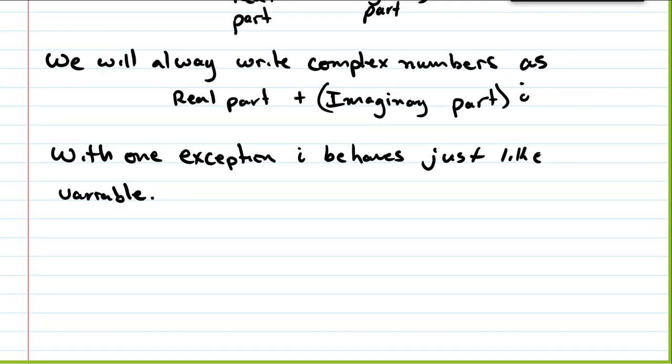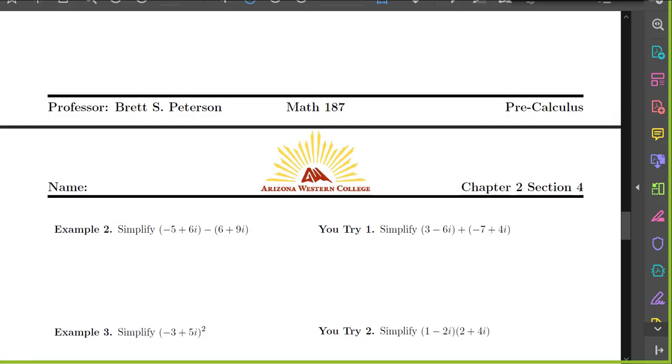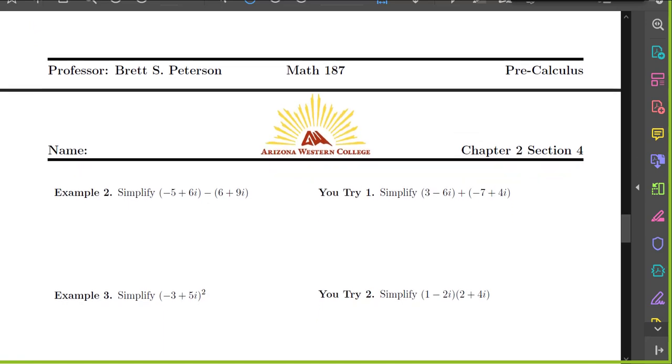What I mean by that is if I had the expression 3 plus 2x plus 5 minus 3x, I would just collect up my like terms if I wanted to simplify, and that would give me 8 minus x. So we would just collect like terms. Complex numbers are going to behave in exactly the same way.